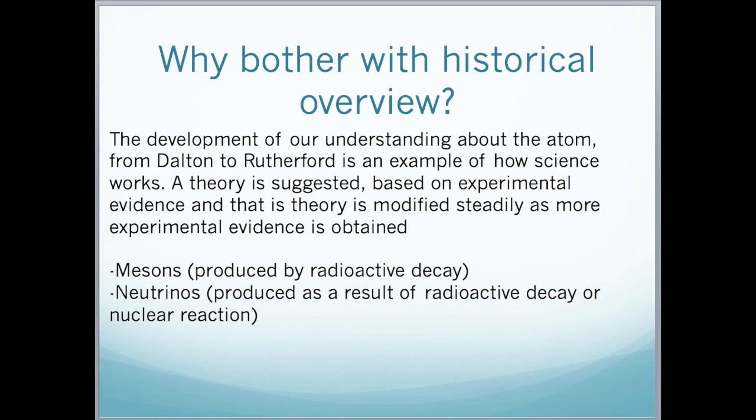For example, during the last 50 years, many more subatomic particles have been discovered, such as mesons and neutrinos. Both of them are produced as a result of radioactive decay. In terms of neutrinos, they can also come from a nuclear reaction.